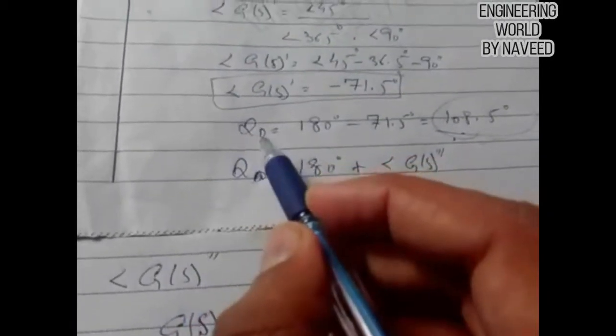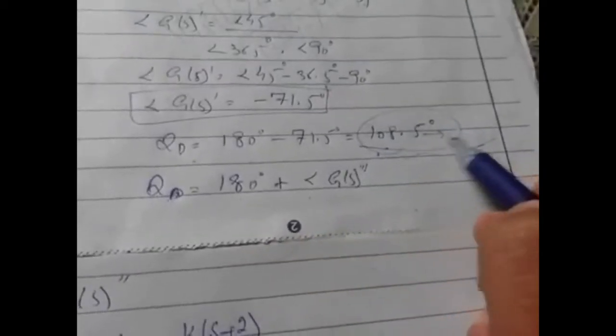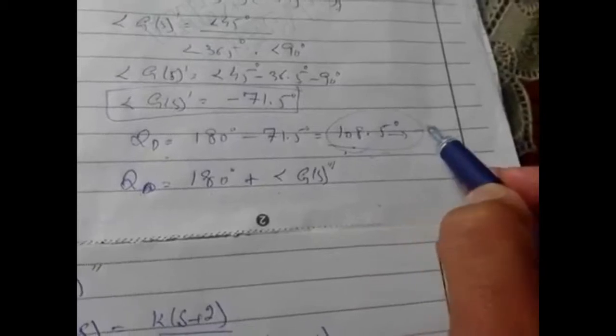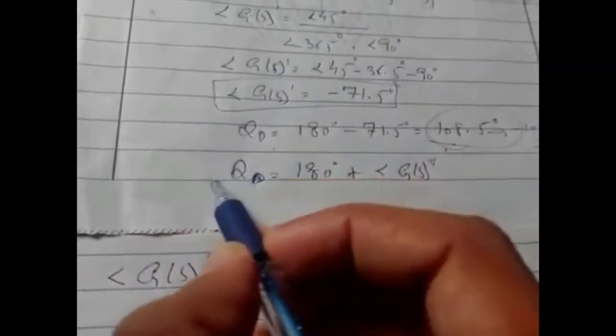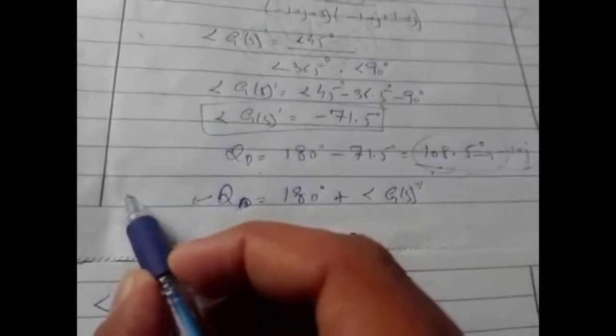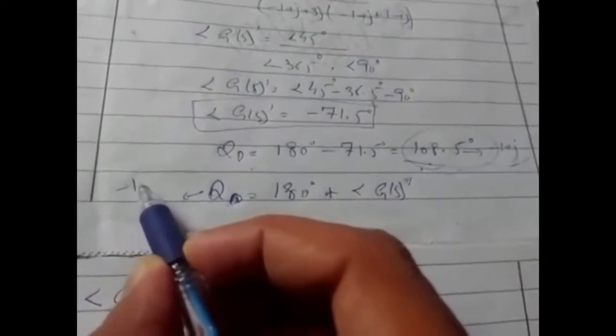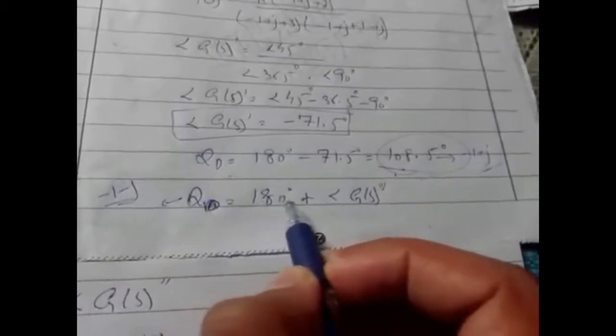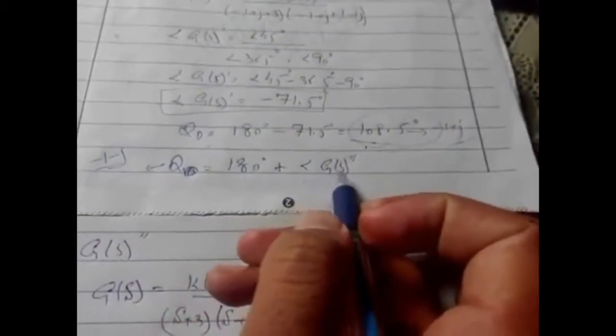I found the angle of departure for the one pole, the above pole, which is located at minus 1 plus J, and now I am interested in finding the angle of departure for the second pole, which is located at minus 1 minus J. So the angle of departure will be 180 plus G double dash.